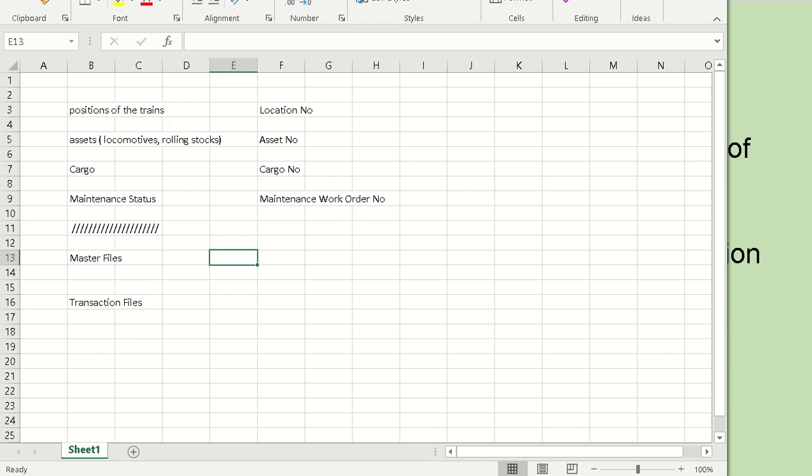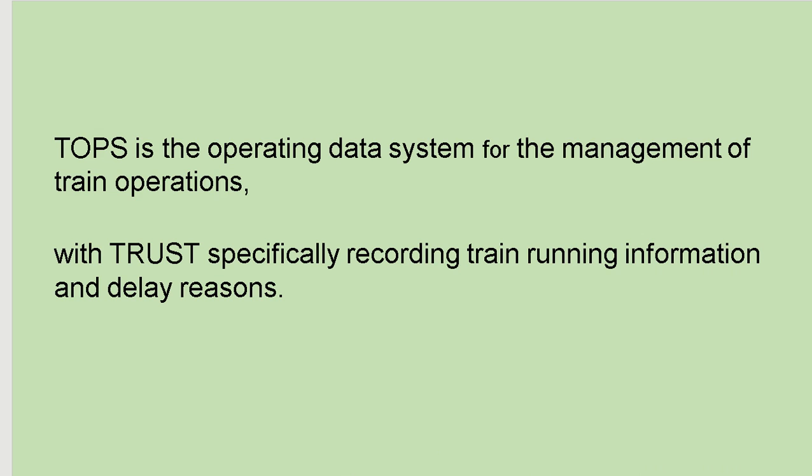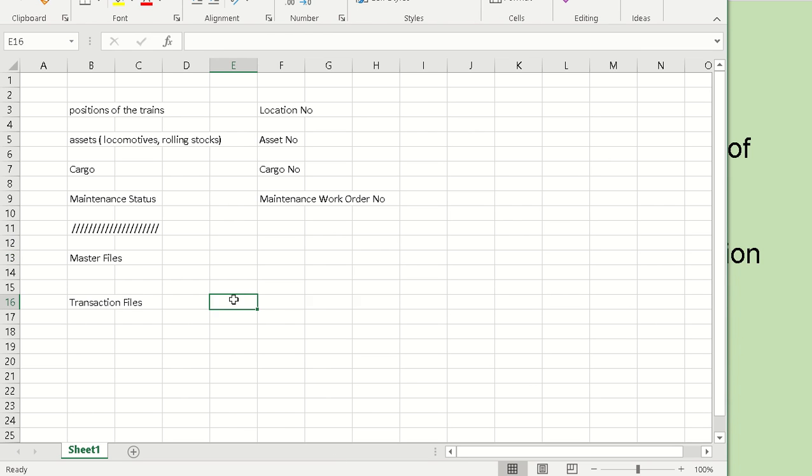In terms of the work that we do here, TOPS is the operating system for the management of train operations. TRUST specifically records train running information and delay reasons. TRUST performs the transaction file, and so therefore you can see the delay here.